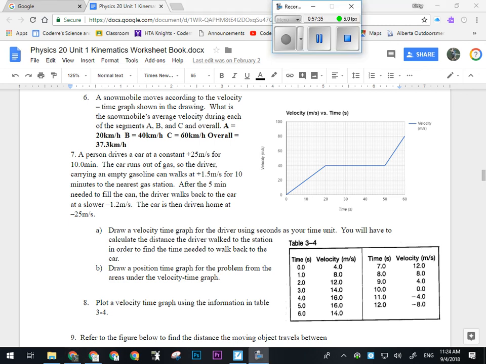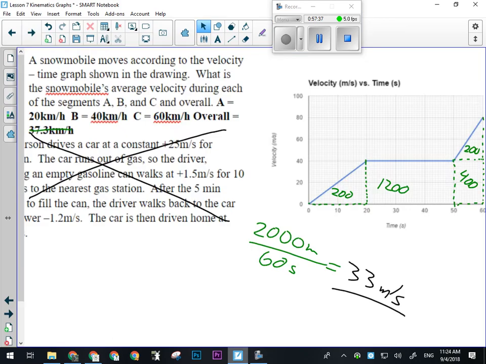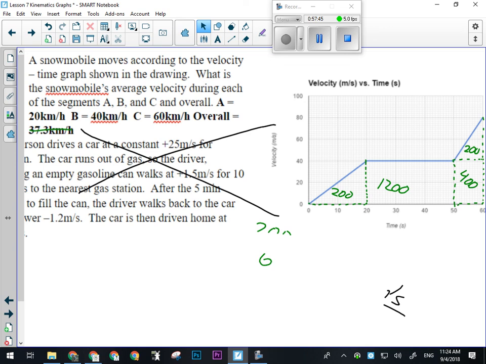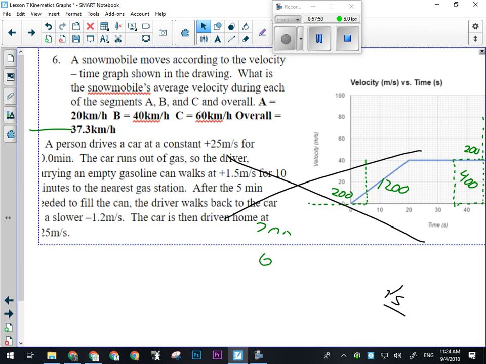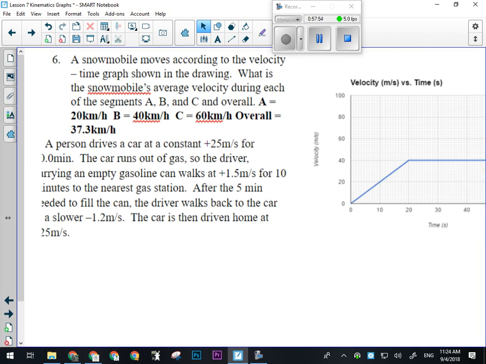Okay, so let's have a look at how this one's going to work. We'll look at just number 7 here. We have a person who drives at 25 meters per second for 10 minutes.